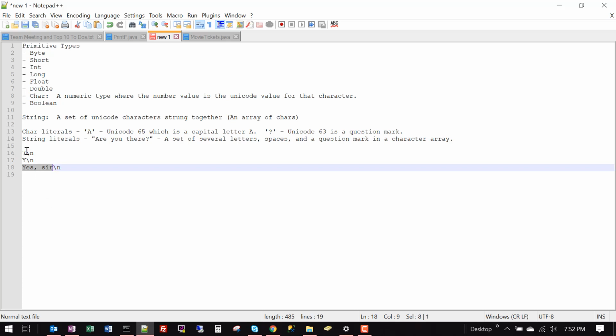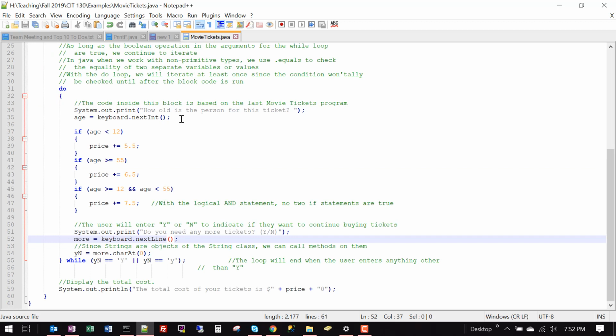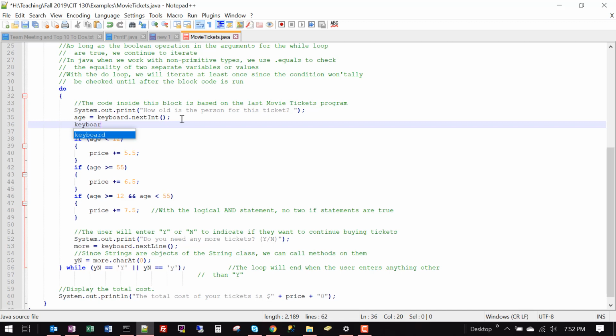But if I want to go between strings with spaces and things that don't contain spaces, what I need to do is add a little trick in here. When I take the int, I can add a new line that says keyboard dot next line. You notice I am not assigning that to a variable.